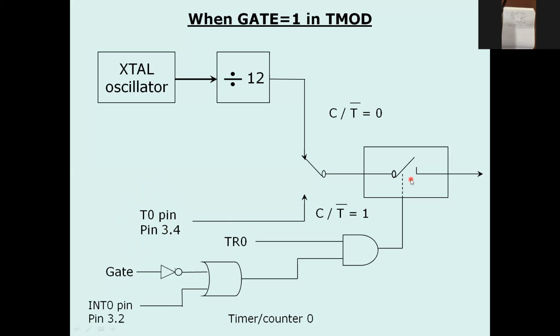And that is the function of TR0. I will come to what the functions of TR0 are, but this depends upon the gate pin; without the gate pin, it will not be on.